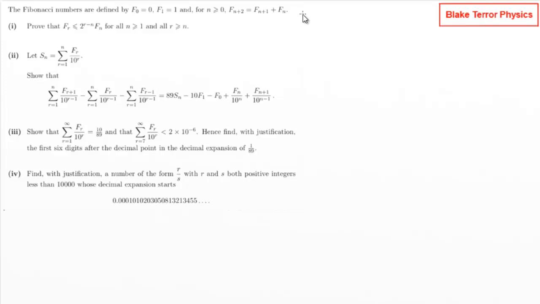Okay, so let's write the series out again. So 0, 1, 1, 2, 3, 5, 8, 13. That's probably enough because this 7 is going to be relevant here. So yeah, we've got 1 over 10. Then we're adding on 1 over 100. Then we're adding on 2 over 1,000. Then we're on 3 over 10,000.